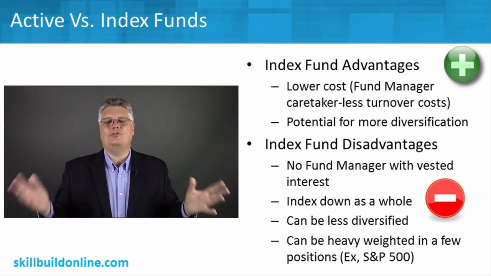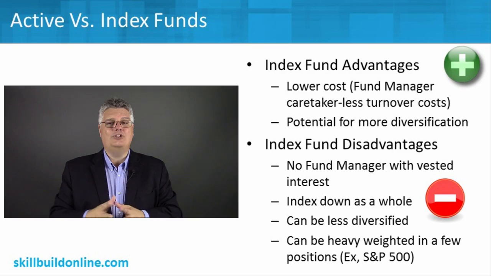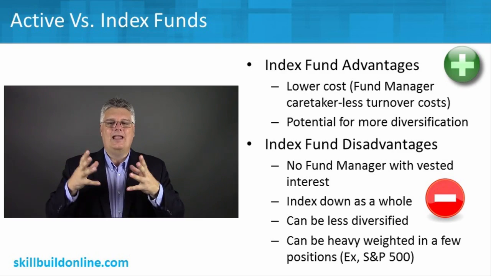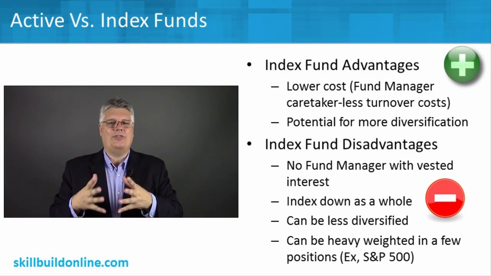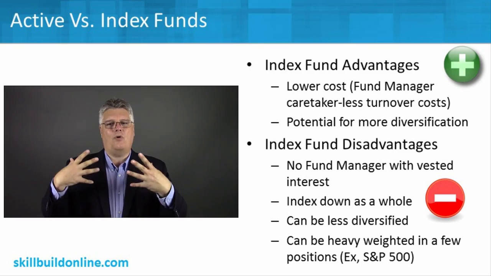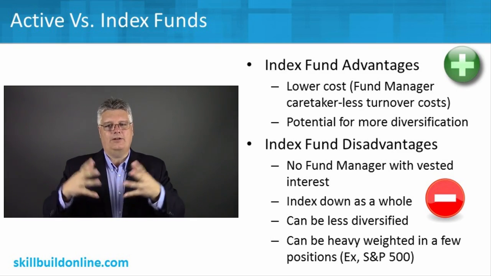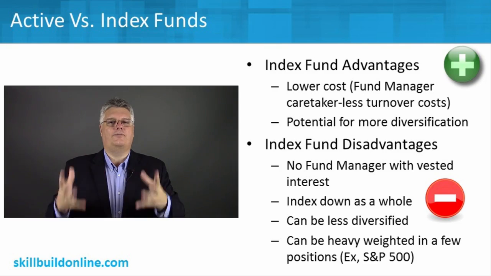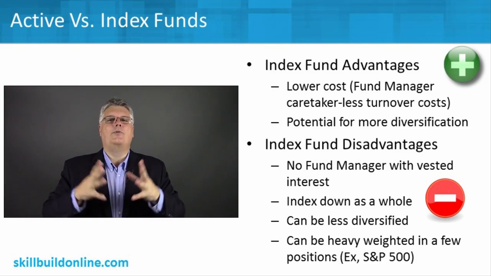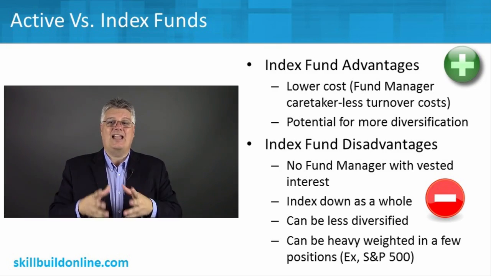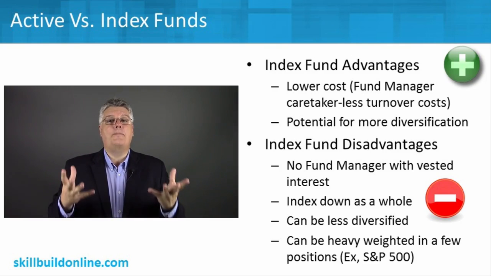I can have all this diversification in energy. Sounds good, but if you look closely at the holdings, there's a big chunk of it. It's like 20-30%. I think it's 20% of the holdings of the energy index.